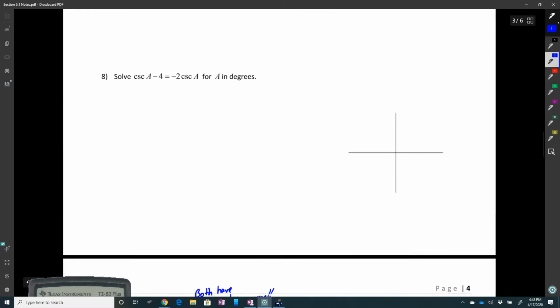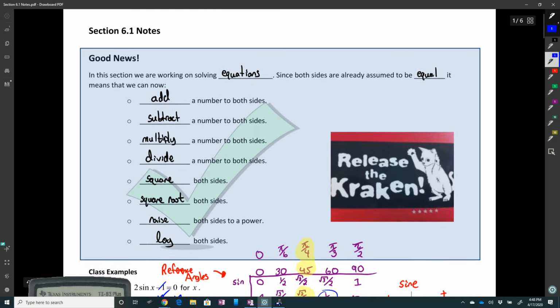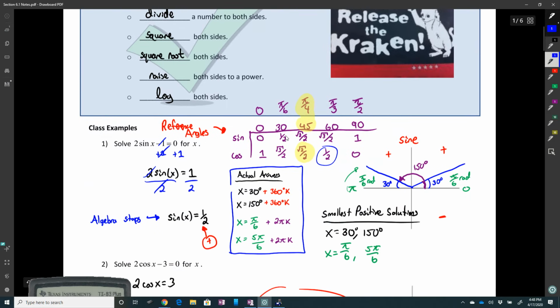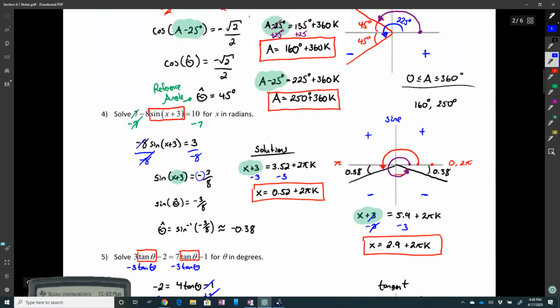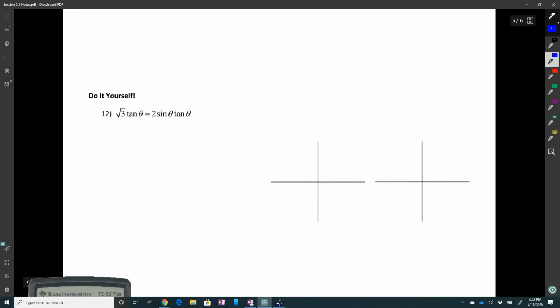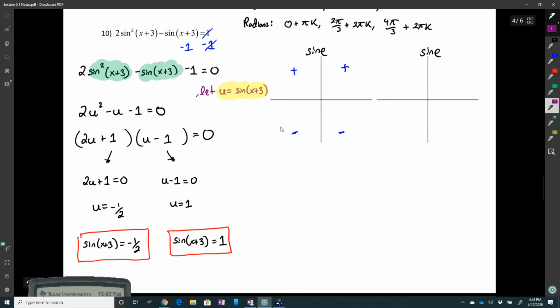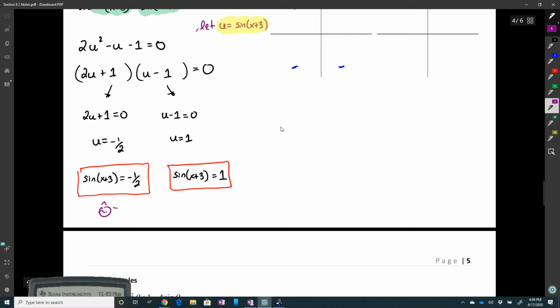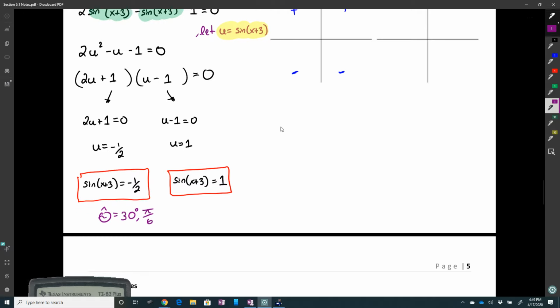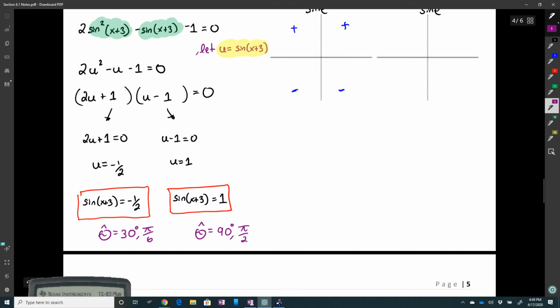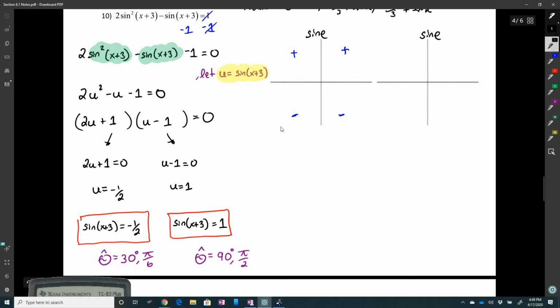And if I go back to my table that I did in the very beginning, because I always forget, when sine is a half, the angle is 30 or pi over 6. So here I know that my reference angle is 30 degrees, or if I'm doing radians, pi over 6. Here, when is sine equal to 1? My reference angle for this one is 90 degrees, or if you're doing radians, pi over 2.